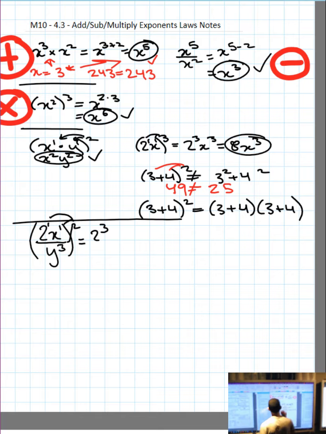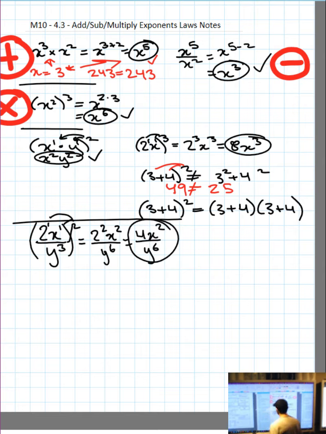Excuse me, erase that. 1 times 2 is 2, we get 2 squared. 1 times 2 is 2, we get x squared. On the bottom, 3 times 2 is 6, y to the 6. Now 2 squared is 4, x squared is x squared, y to the 6 is y to the 6. Sure, pick an x value, pick a y value, put it in the question, put it in the answer, make sure they're the same. Check mark.